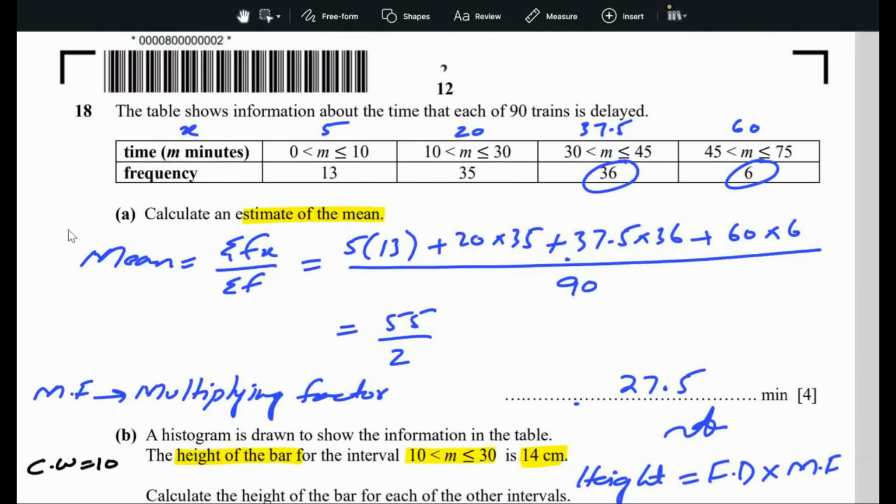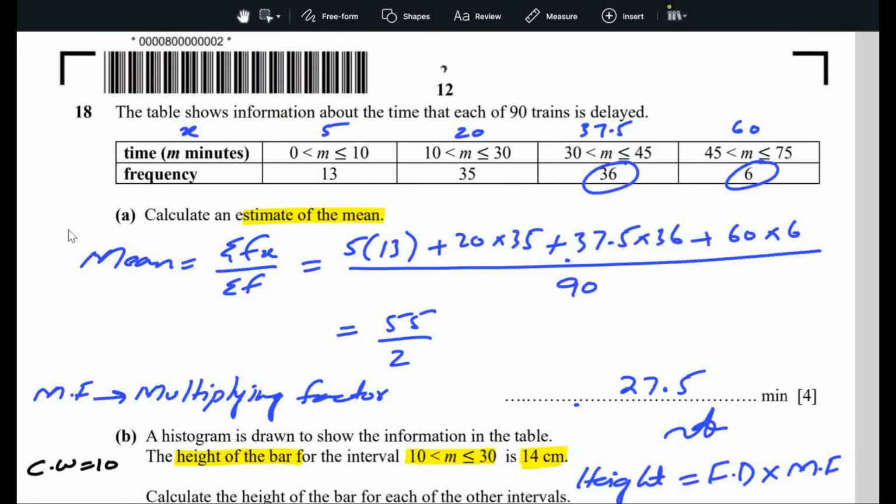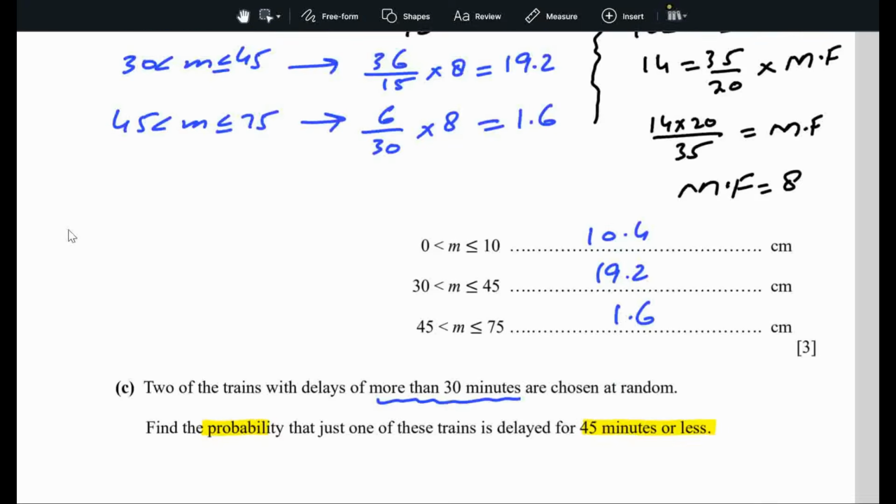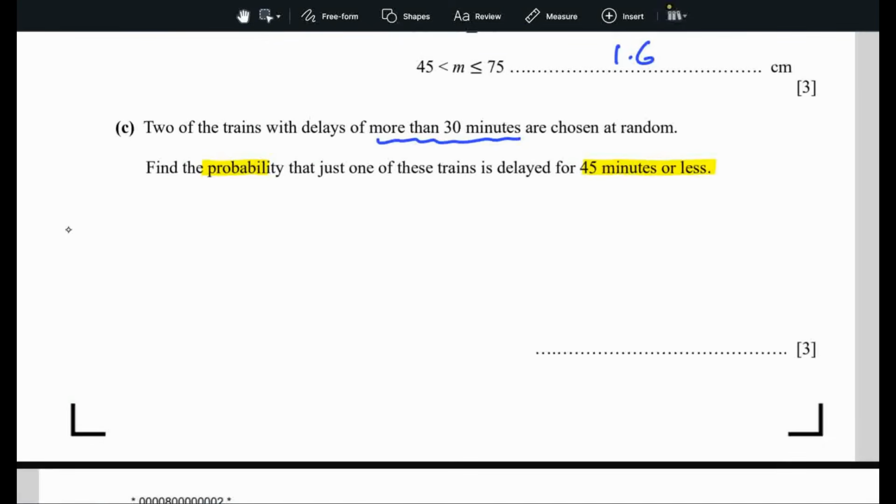So the total sum is 36 plus 6, which means 42.